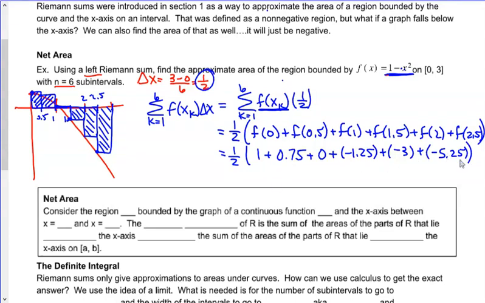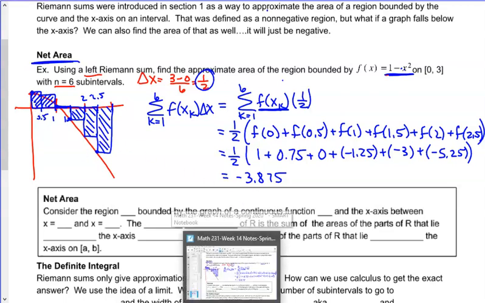Now, use your calculator to bring all this together, multiply it by 1/2, and your answer for the area under that curve is negative 3.875. Now, does that make sense? Well, where is more of the area? More of the area is down here. So it's telling me that the net area, the difference between the positive and the negative, is negative 3.875.